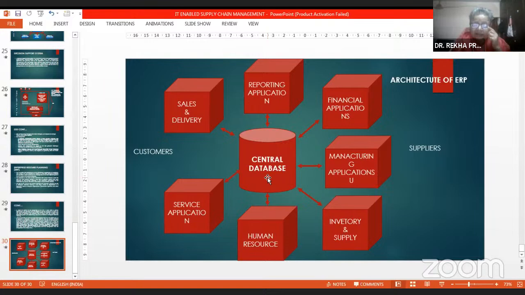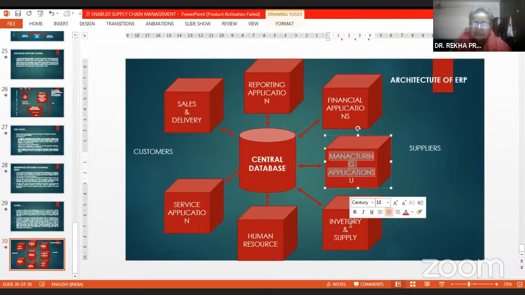And it is interacting with reporting applications, sales and delivery, financial applications, manufacturing applications, inventory and supply data, human resource data, service applications. This is the total integration of the enterprise.